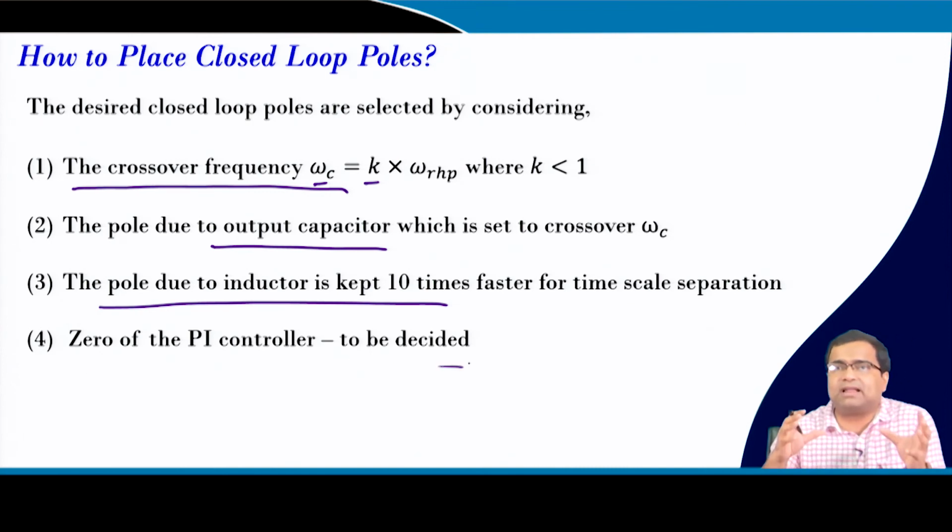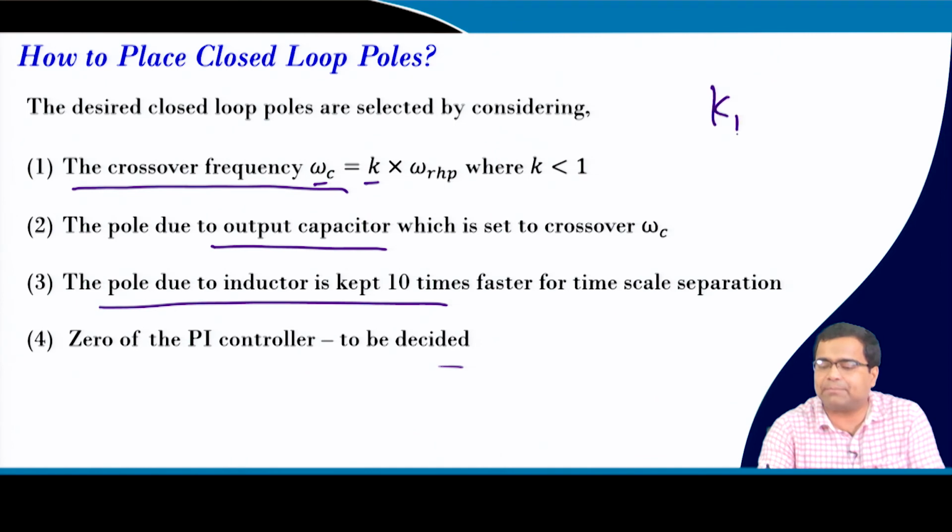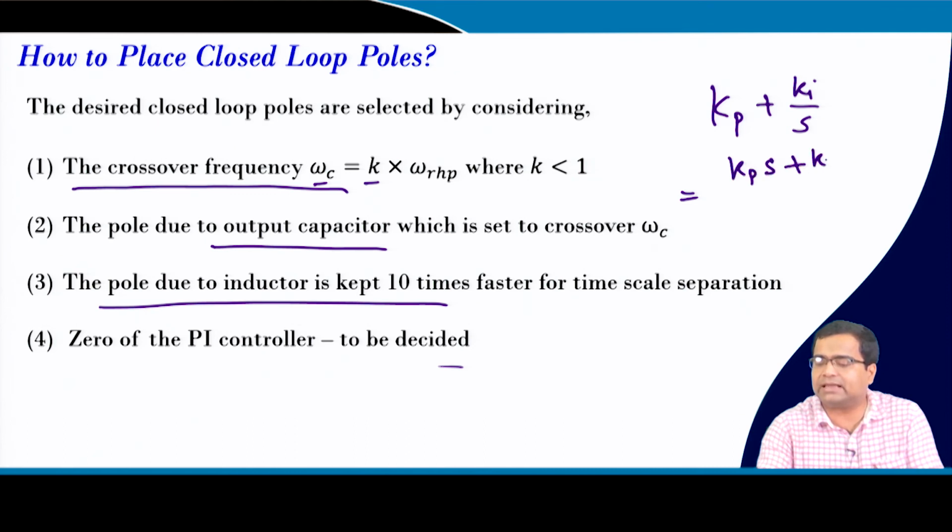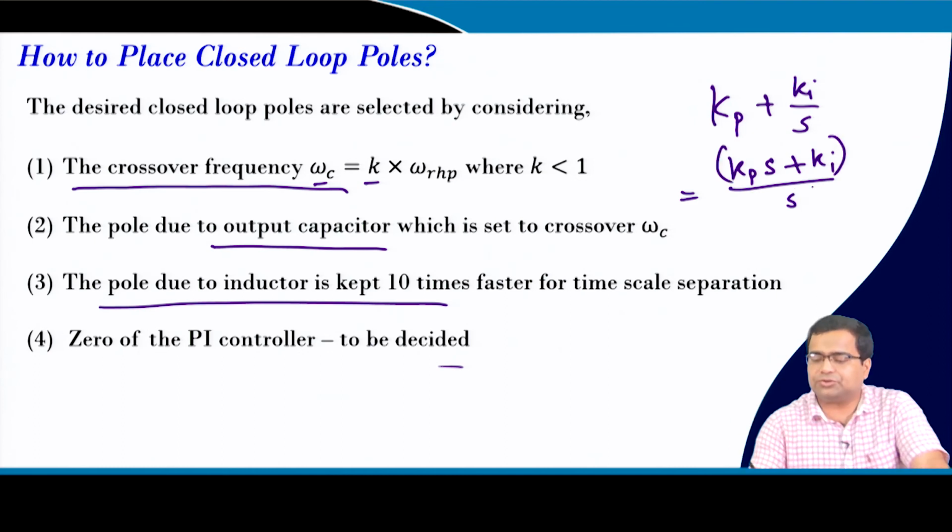That means if I take a PI controller for regular current mode control, we will generally take Kp plus Ki by S. So, this will be simply Kp into S plus Ki by S. I am talking about this zero.